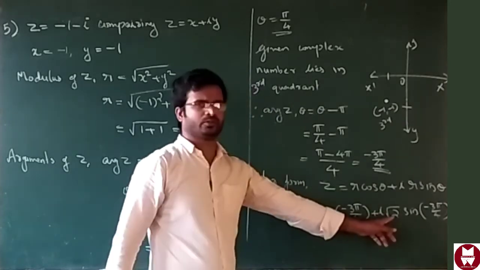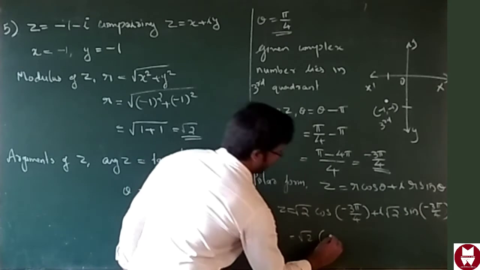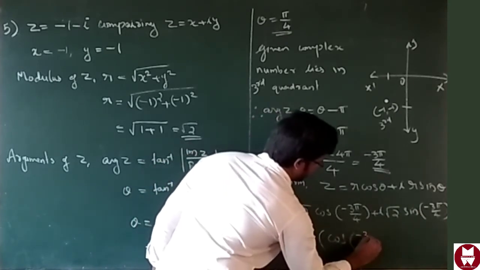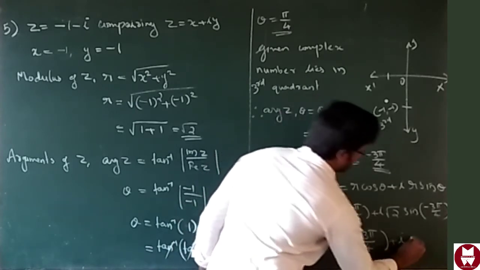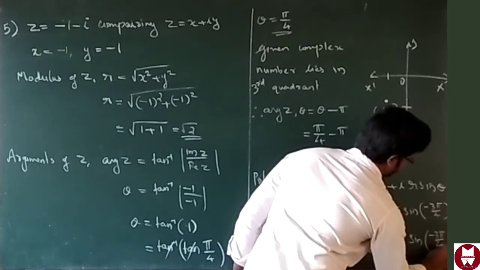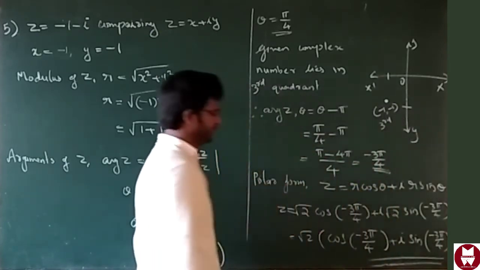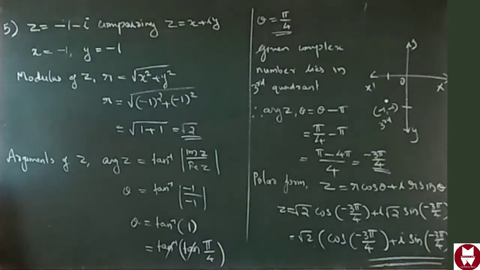From here, root 2 is common, take that root 2 outside. Then the remaining cos minus 3 pi by 4 plus I sin minus 3 pi by 4. This is our required polar form. Just pause the video and write it down in your notebook.